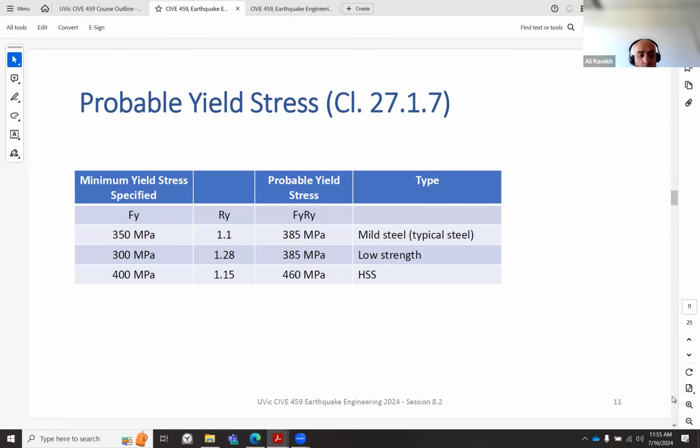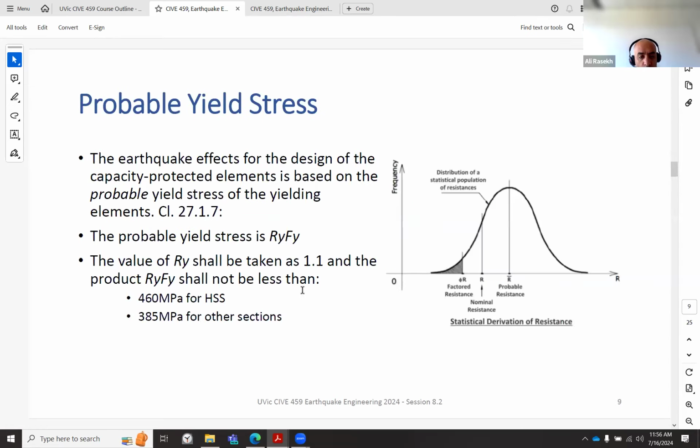Probable yield stress. So for minimum yield stress of 350 or 300 or 400, the Ry that is practically used, we said that the minimum value of Ry is 1.1, but there were also minimums that we should see. Therefore, for HSS, Ry Fy is 460, and for the lowest strength and also for milder steel, Ry Fy would be 385, which is similar to what we said.